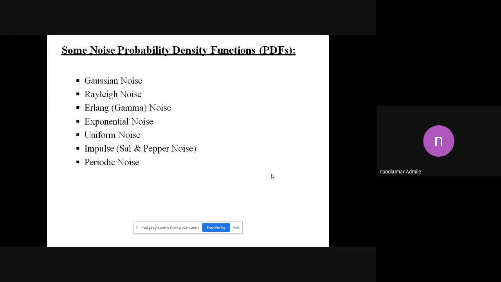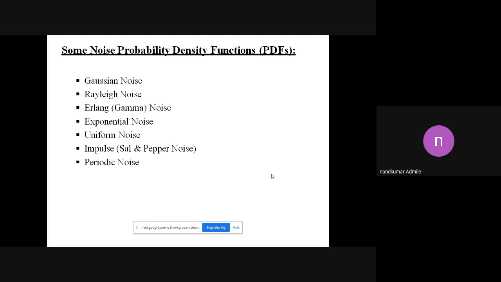The second possibility is at the time of image transmission, when we transfer the spatial domain information into frequency domain information. At that time there is a possibility of adding noise in an image.